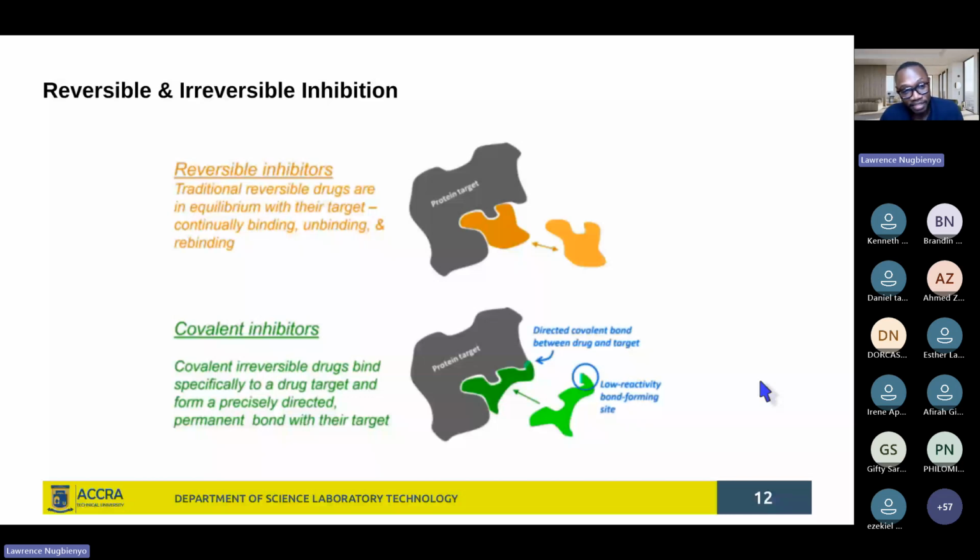After some time, they can dissociate. Like what I was talking about, the competitive inhibition, when you introduce substrate, the substrate can go and displace. That is in the case when you have reversible inhibitors. Irreversible inhibitors.